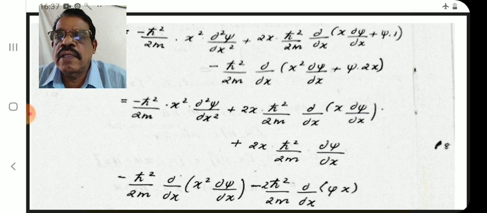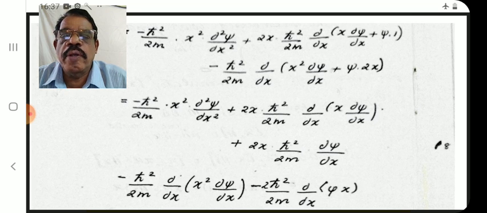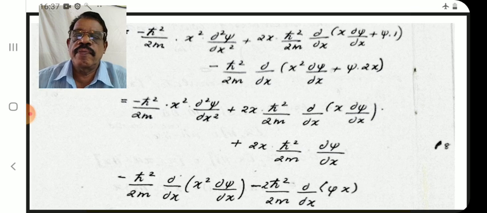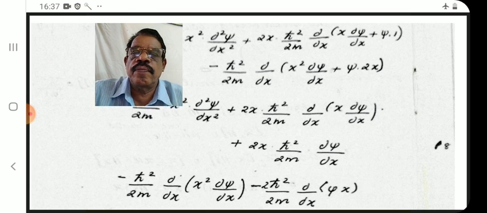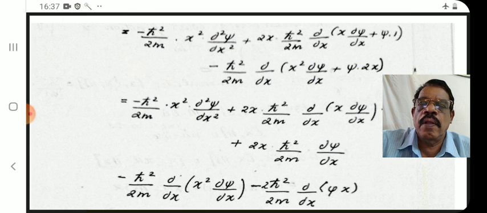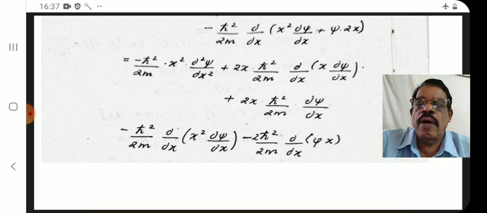Minus ħ²/2m ∂/∂x x² ∂ψ/∂x minus 2ħ²/2m ∂/∂x of ψx. Because when we remove the bracket, we get more terms like this. So there are 1, 2, 3, 4, 5 terms in the RHS. You see how they come.